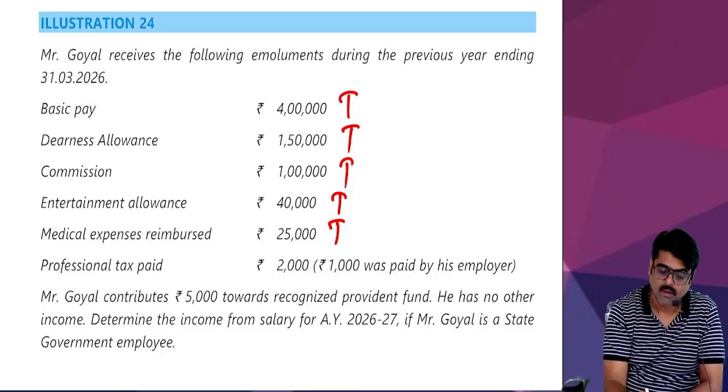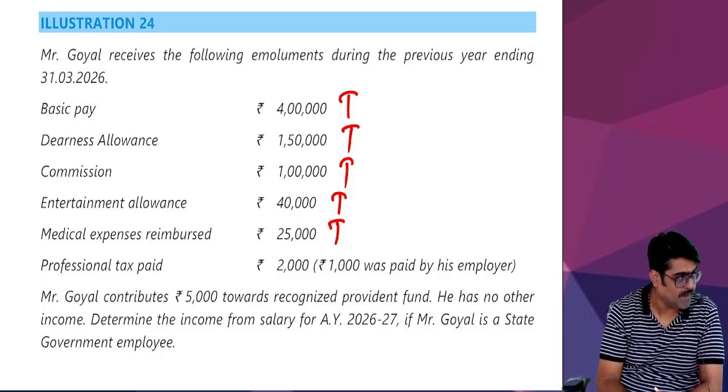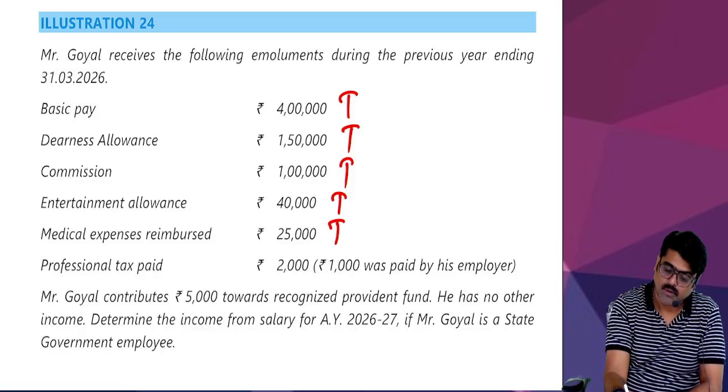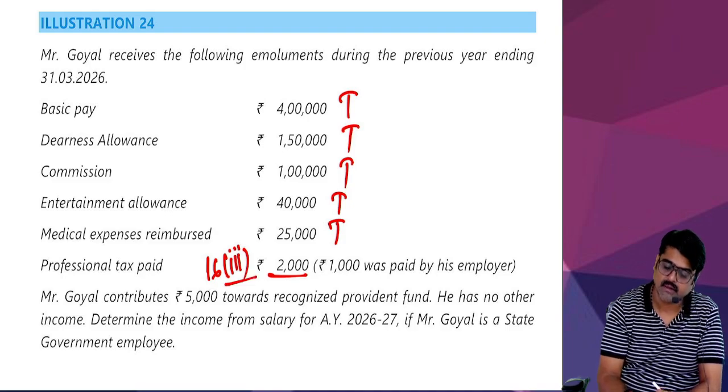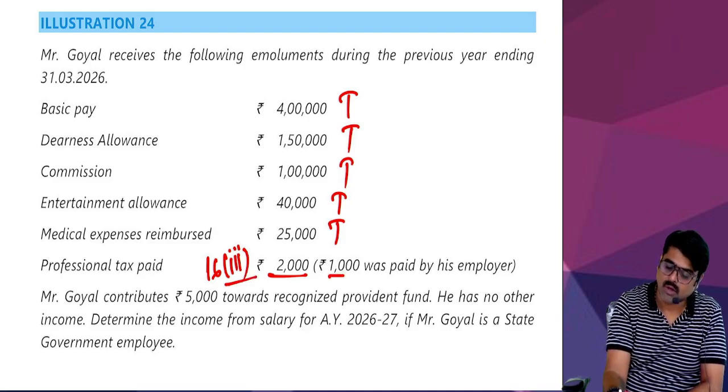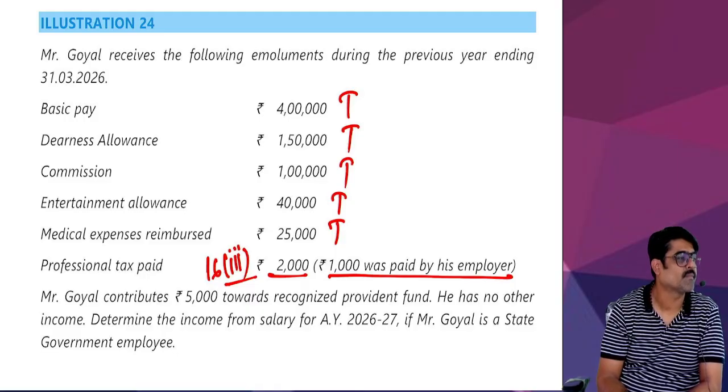Okay. Now professional tax paid. How much? For this entire 2000 you are going to get deduction under 16 clause 3. Understanding? But out of this 2000, 1000 was paid by the employer, your obligation met by the employer. Do you remember?